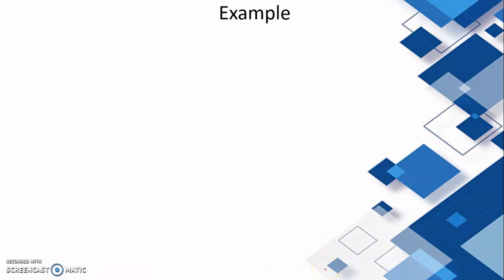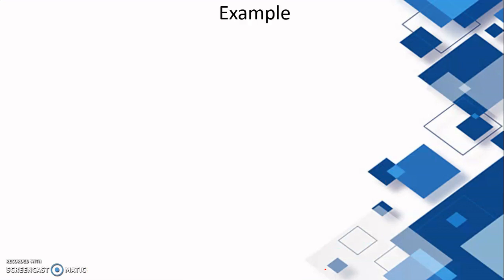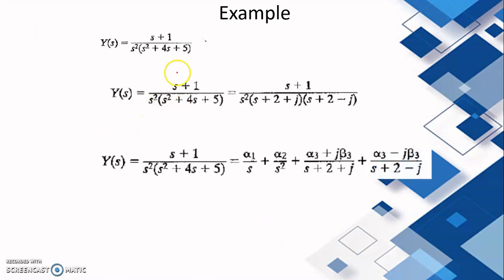So this is the complex factor. Let's look at this example. As we saw just now, this expression cannot be factorized. So what we do is convert it into a complex factor. If we use the previous formula, we will get these two: s plus 2 plus j, s plus 2 minus j.